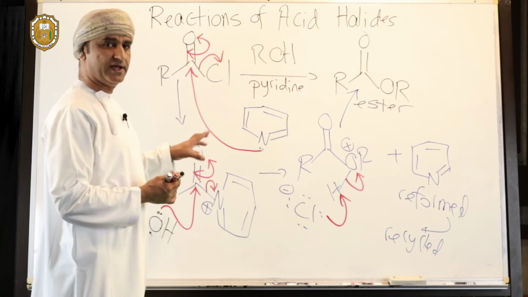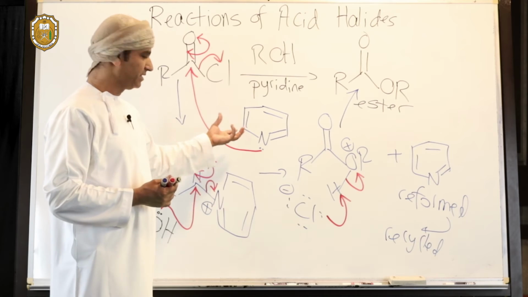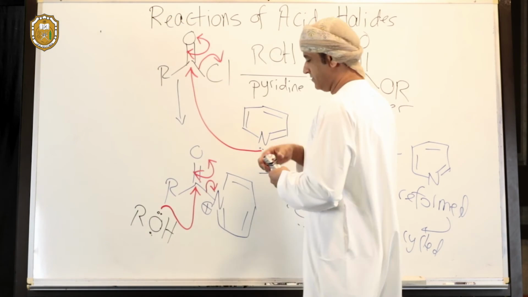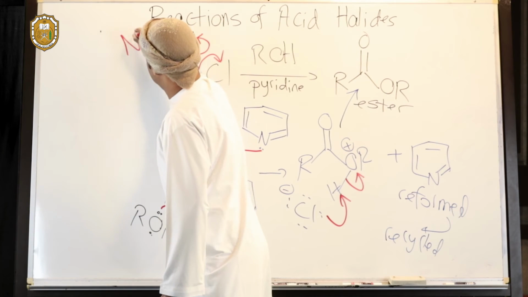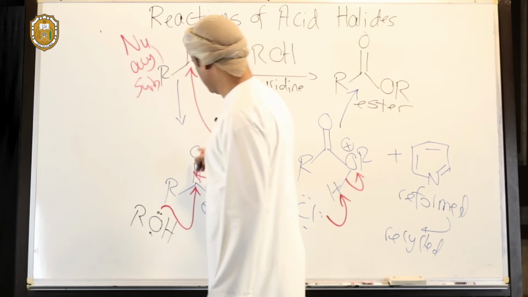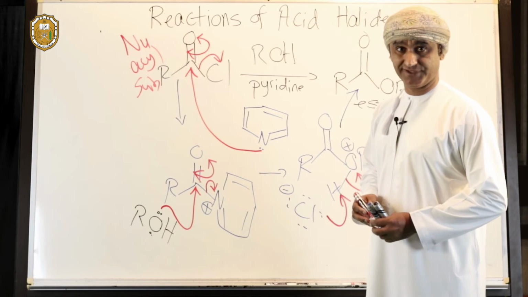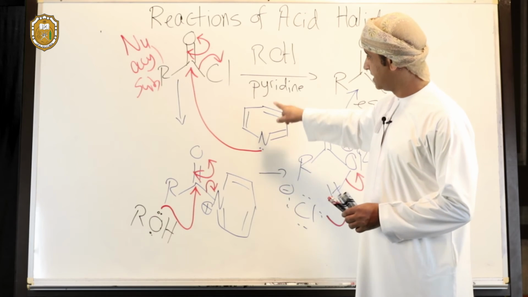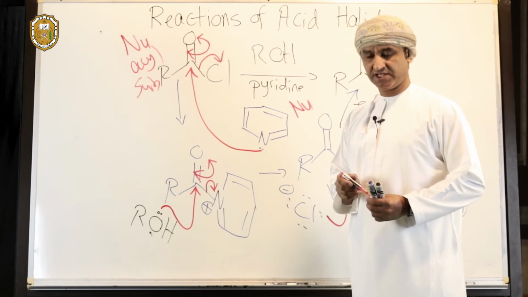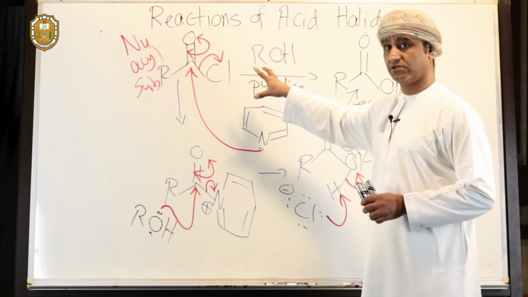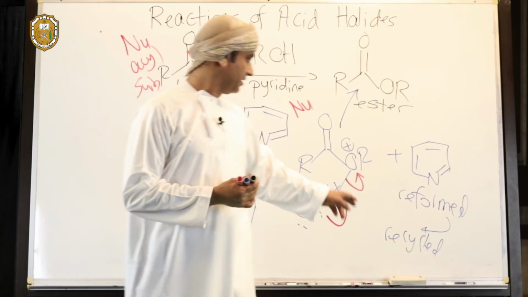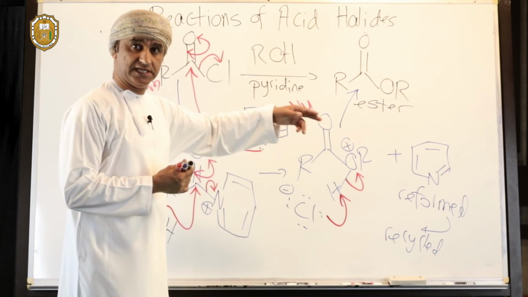So it acts in a way as a catalyst, but also it's a nucleophile at the same time, because it does this nucleophilic acyl substitution step. Obviously this one is also a nucleophilic acyl substitution step. So pyridine acts as a nucleophile on the acid chloride. It is used, and here it is reformed, and then it can be reused.